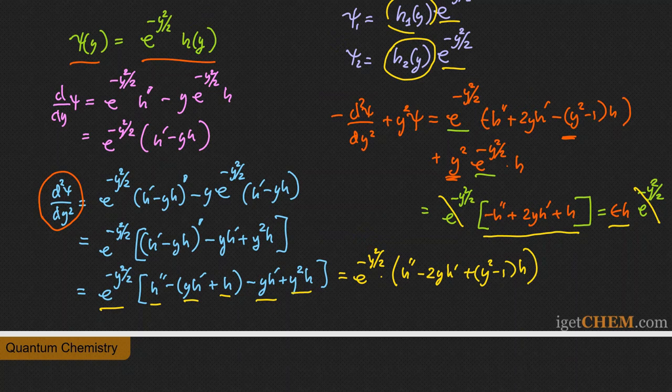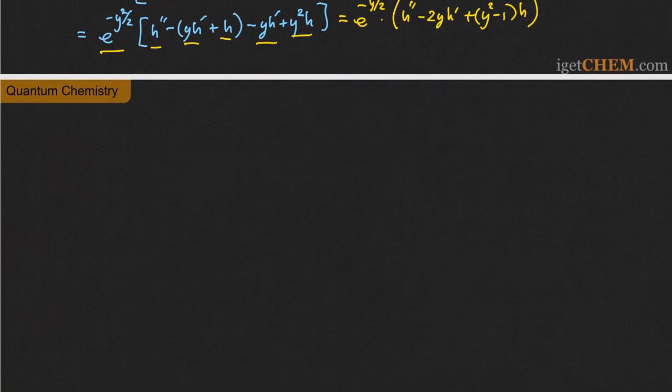So what that means is, if I make this conjecture for what the eigenfunctions have to be, that is, Gaussians multiplied by some h function, then the h function must satisfy this new equation. I'll write that down below.